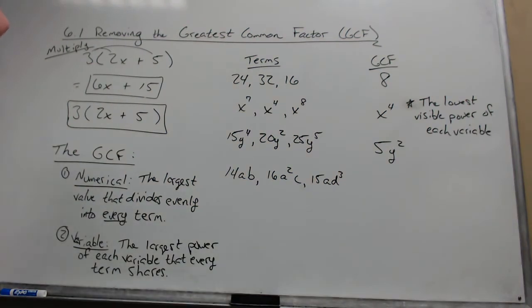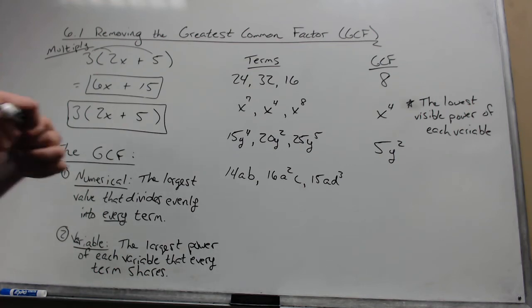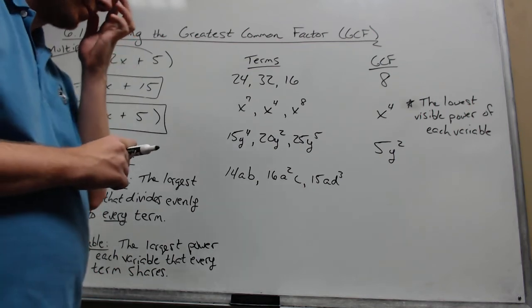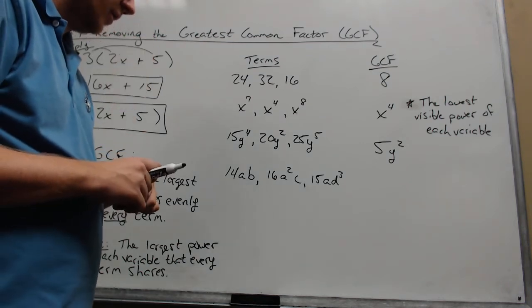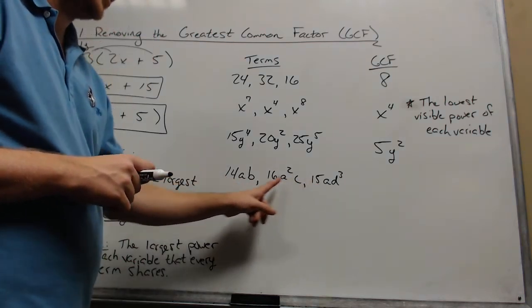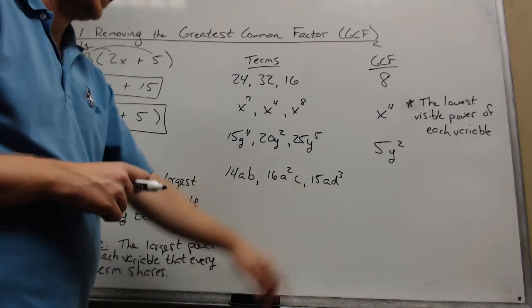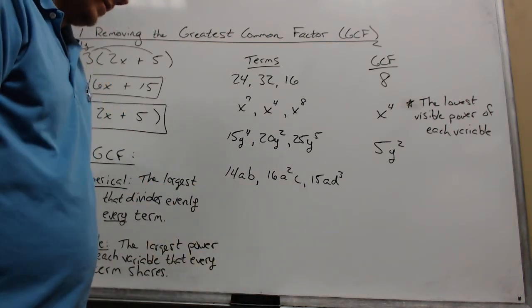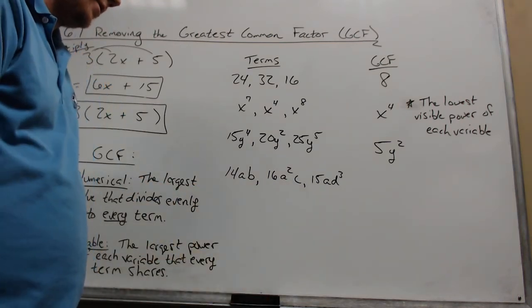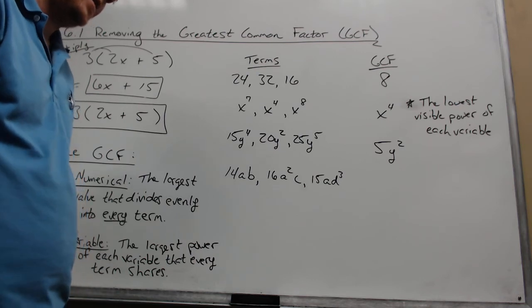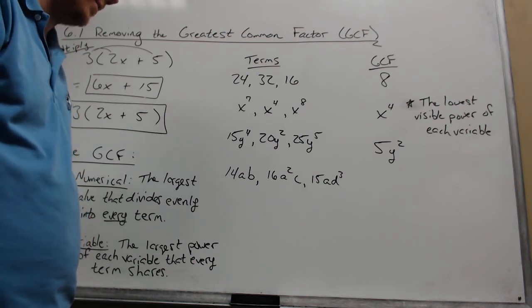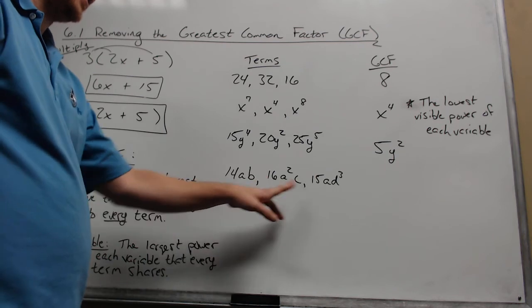Here's 3 other terms, and this will be my last example here: 14ab, 16a squared c, and 15a d to the 3rd. Numerically, we want to find a number that divides into 14, 16, and 15. If you think about that for a little bit, you're probably going to be hard-pressed to find any useful number that divides into 14 and 16 and 15.